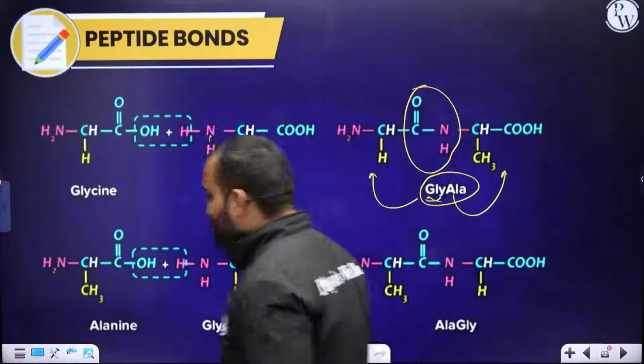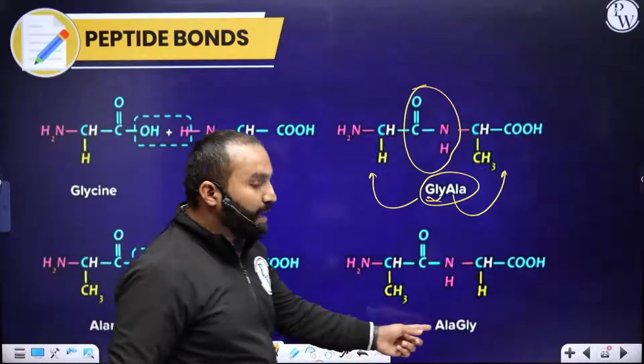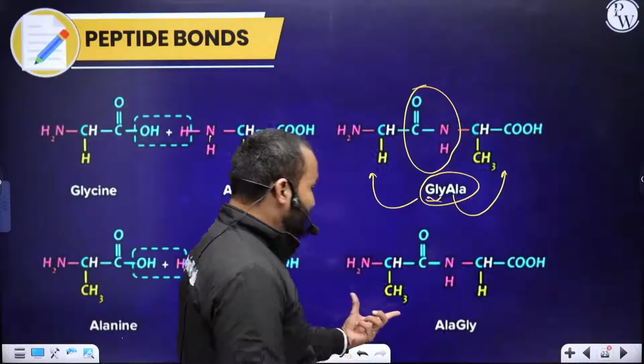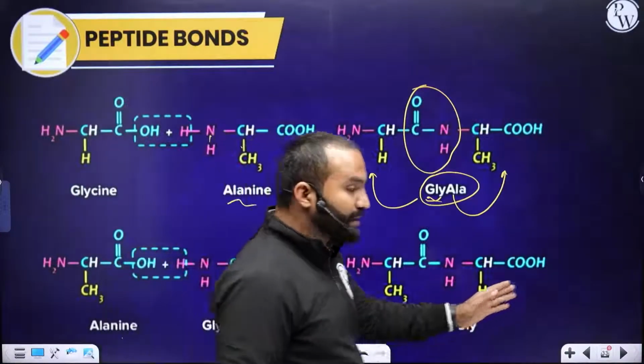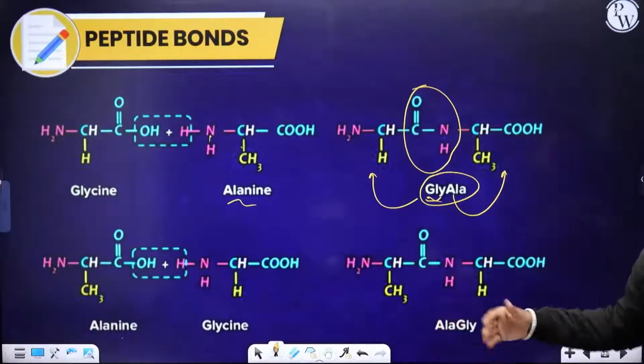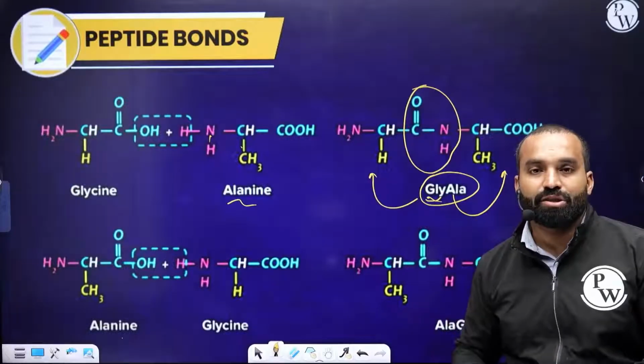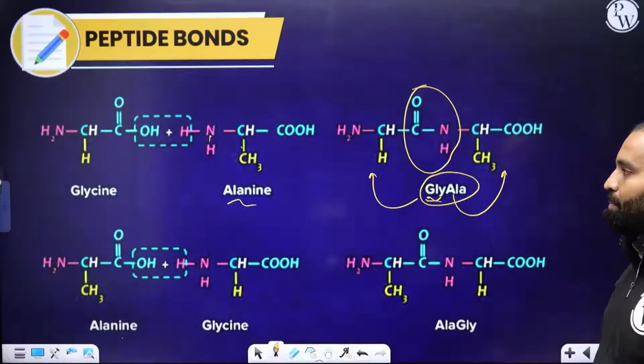Similarly, let's do this exercise. Alanine gets condensed with glycine and it forms ALA GLY. This side is alanine, the other side is glycine. Understood, everybody? This is a dipeptide. This is also a dipeptide. You can continue doing this dehydration, removal of water, condensation, and form a polypeptide.